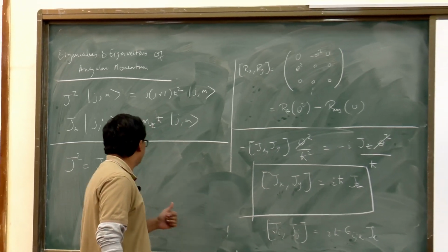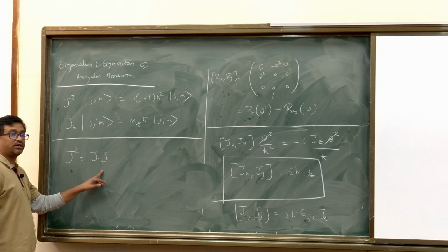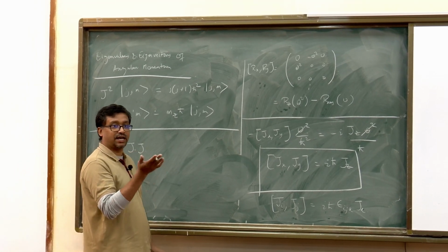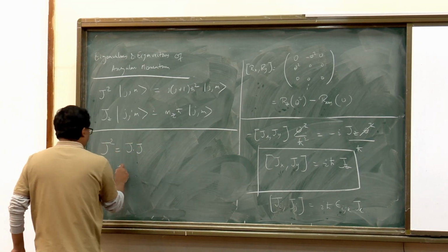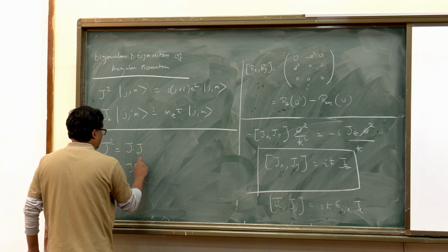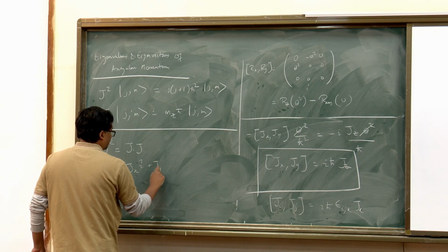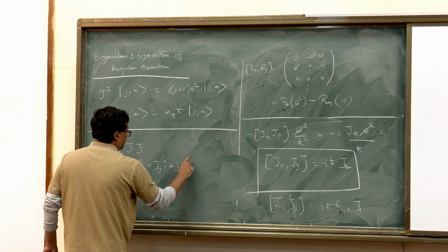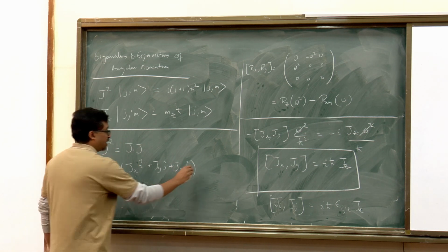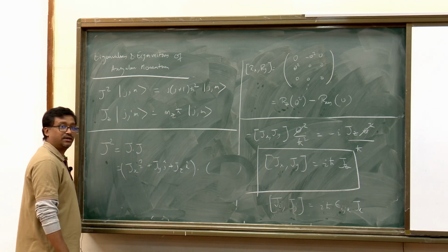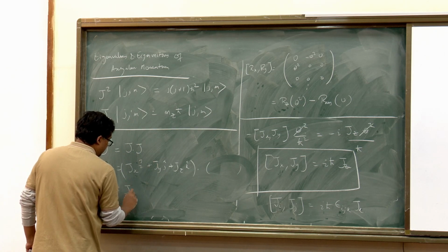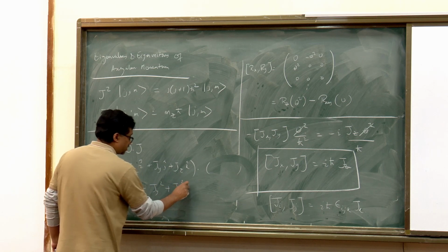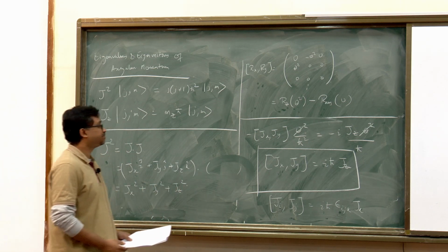So J square means J dot J. Each J you can write as Jx i plus Jy j plus Jz k in 3D, right, and take the dot product of the same thing. So this will come out to be Jx square plus Jy square plus Jz square.